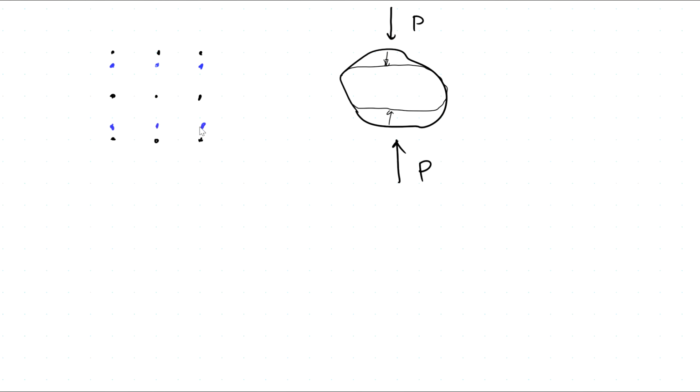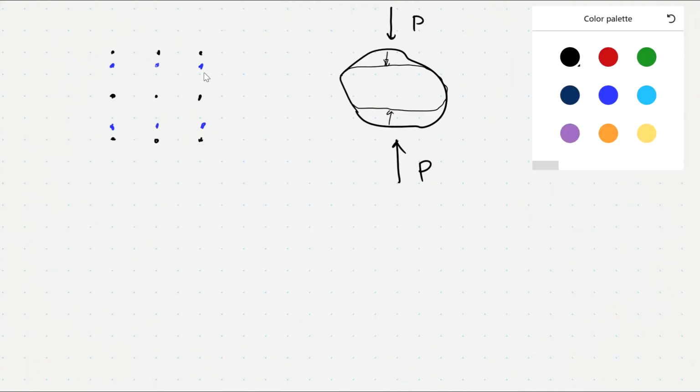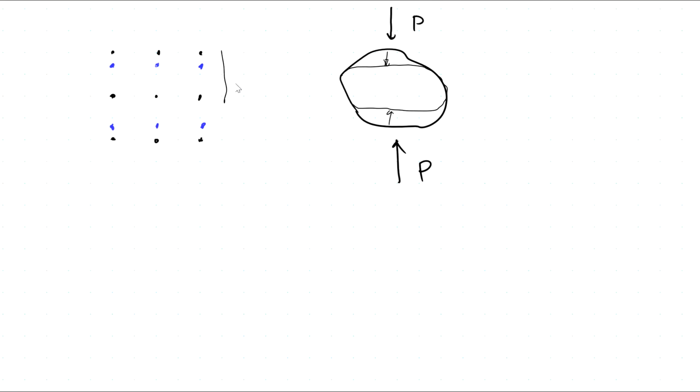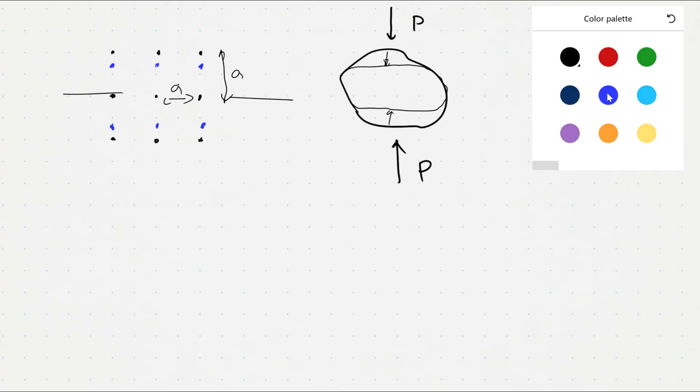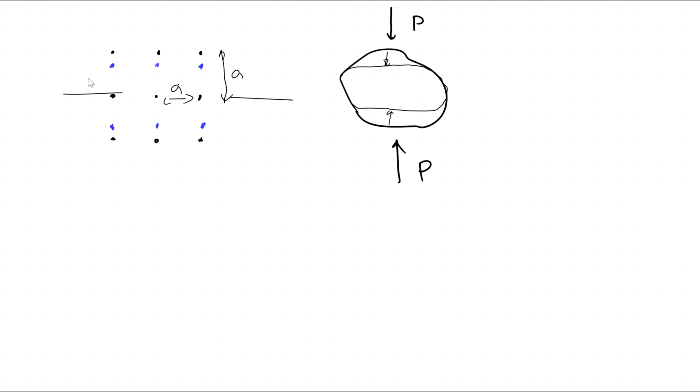So basically you'll get this crystal that is compressed. And instead of having crystal A and A, you would have A horizontally. The distance between atoms would be A, but you would have a different, smaller distance B vertically, and your B would be smaller than A.